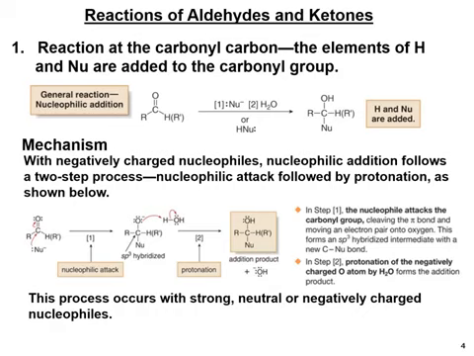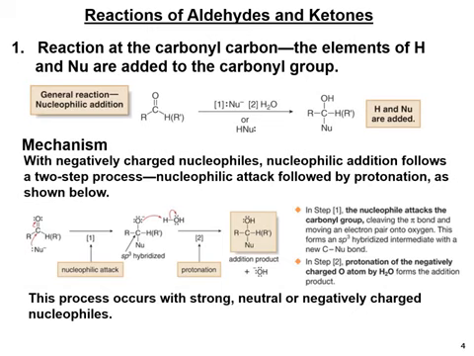Reaction at the carbonyl carbon: the elements of hydrogen and nucleophile are added to the carbonyl group. As we have discussed in the previous lecture, the carbonyl carbon is electropositive, meaning there is electron deficiency due to the electronegativity of oxygen.